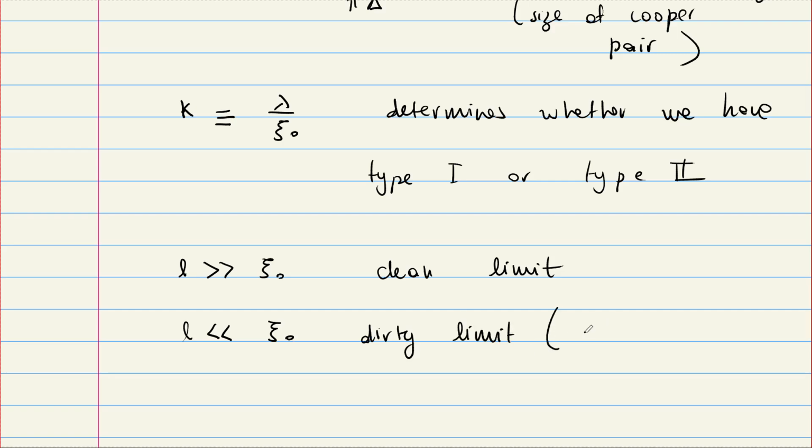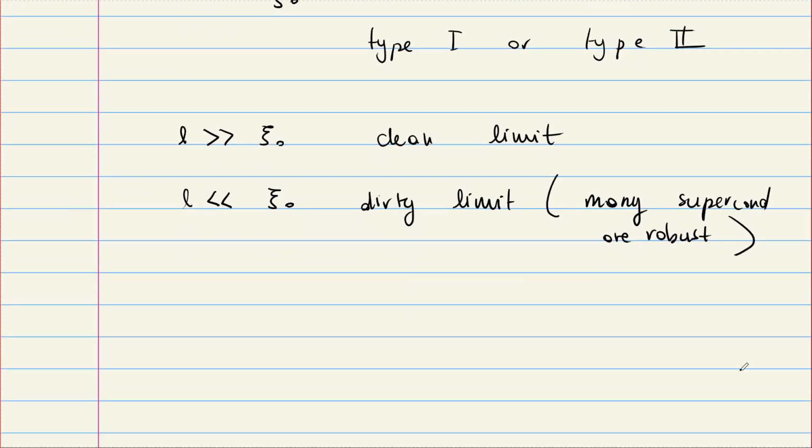And interestingly, many superconductors are robust in that limit, which is also one of the reasons why this phase of matter is so robust. It's a curious thing at the moment, but this has to do with the so-called Anderson theorem. Hopefully we can talk about it at some point. Good.